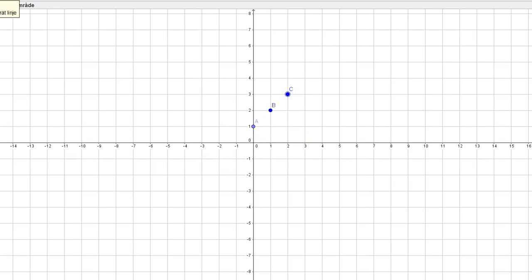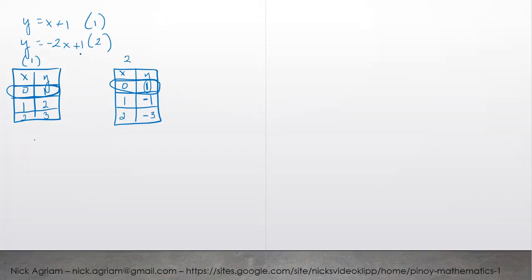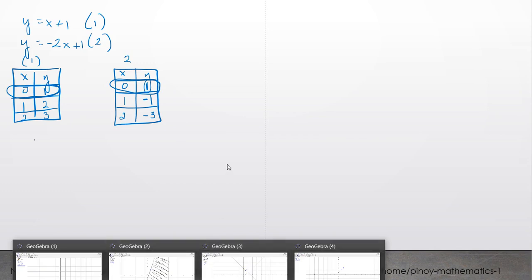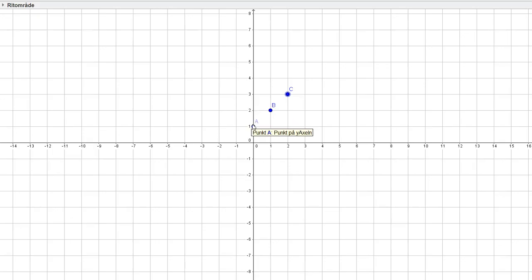And for my next equation, 0, 1, 1, negative 1, 2, negative 3. That's my graph.